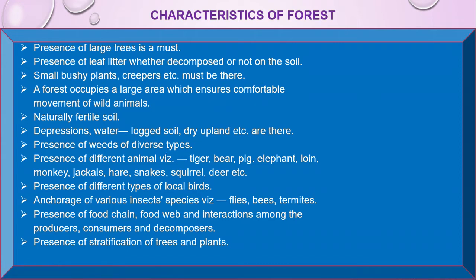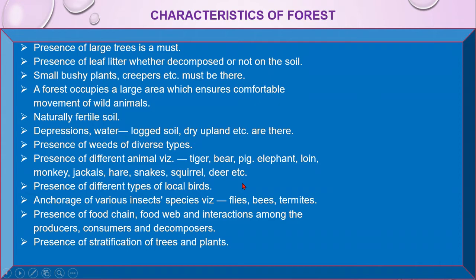The forest land should be naturally fertile, and in some places it may be waterlogged, some land is dry, and some places have stagnant water in the forest area. There will be lots of weeds and diverse types of plants present in the forest area.